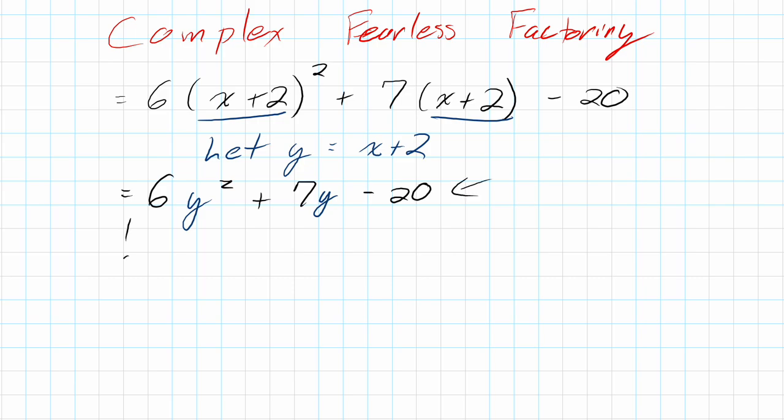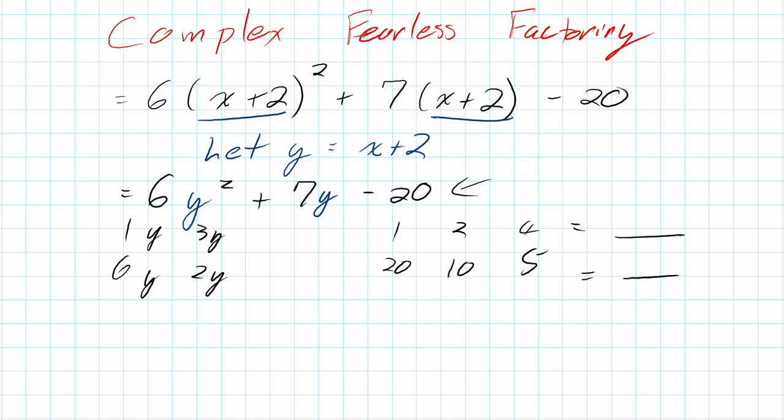If I quickly go through my fearless factoring here, 3, 2, 20's got a lot. 1 and 20, 2 and 10, 4 and 5. We need two products of this. Looking for our two products that are going to add to our middle term here, which is our 7y. So we test our two columns.